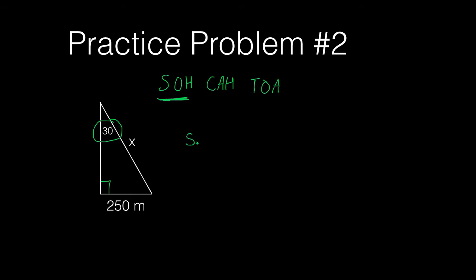So sine of 30, because that's our angle, sine of 30 degrees is equal to the opposite side, which was 250, divided by the hypotenuse, which was our x. We don't know it. So when we solve for x, it's going to look like this: x sine of 30 is equal to 250.